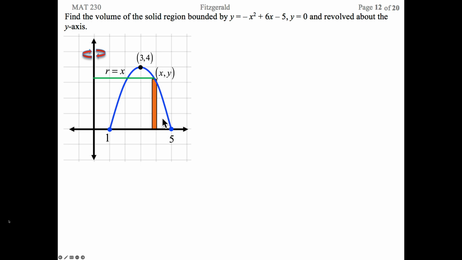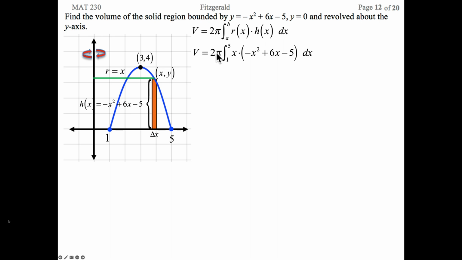The height of my rectangle is my blue function, negative x squared plus 6x minus 5. That's my height. So I have everything I need: my change in x, my radius, my height. Let's substitute it in. 2 pi times the integral from 1 to 5.